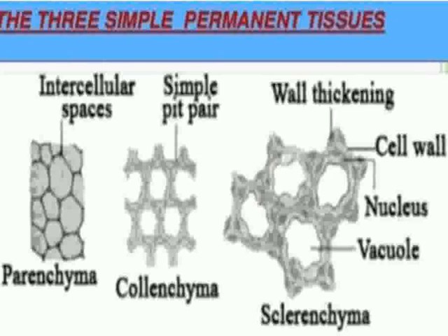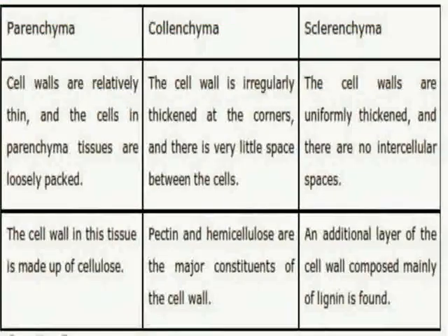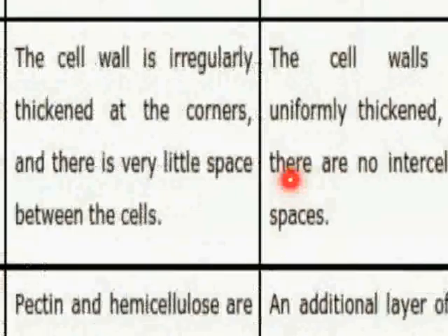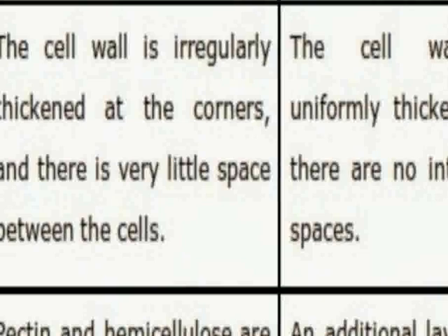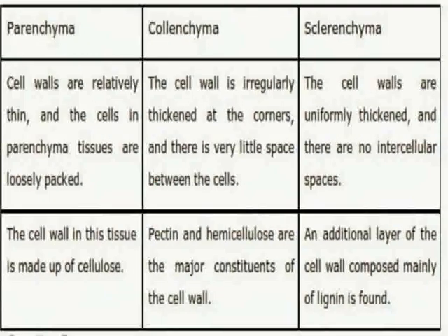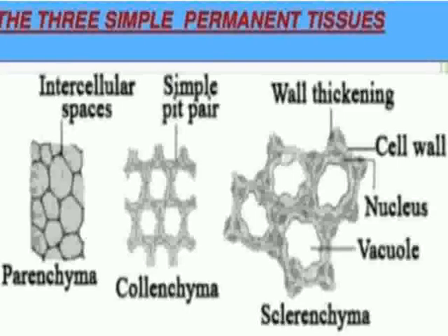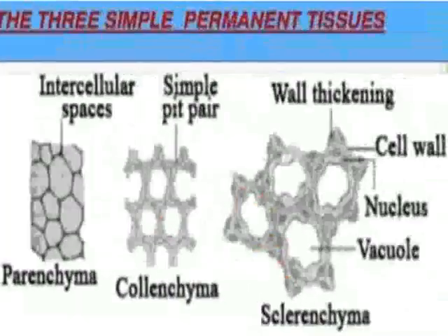As you can see in this diagram, the walls are thickened, leaving no space for intercellular spaces. Whereas in the sclerenchyma, the cell walls are uniformly thickened and there is not at all any intercellular space between them. The cell walls are usually uniformly thickened, whereas in the collenchyma, they are thickened at the corners.